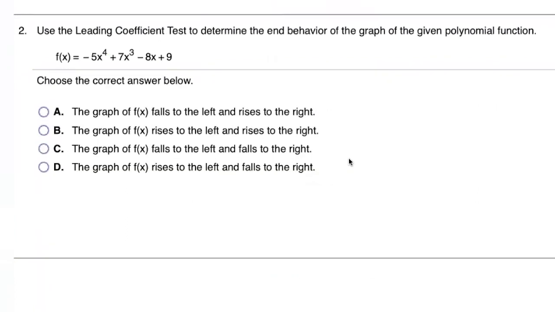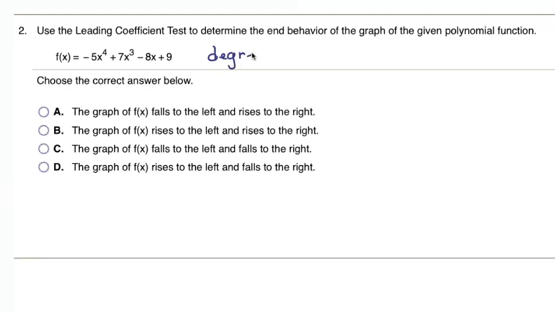In number 2, we see an example of something that is a polynomial. All whole number exponents and no division by a variable. Question 2 says, use the leading coefficient test to determine the end behavior of the graph of the given polynomial function. Choose the correct answer below. In order to apply the leading coefficient test, you need to know two things.